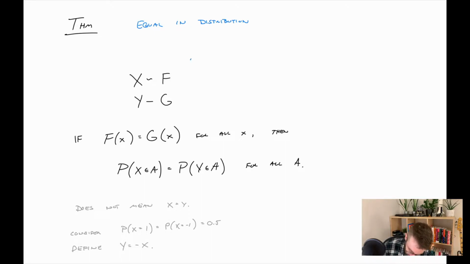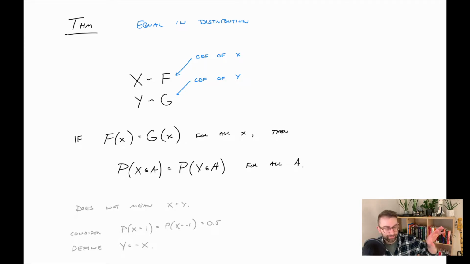X with a CDF of F. So this is the CDF of X. And we also have G, and this is Y. Y is the random variable, and then this G is the CDF of Y.